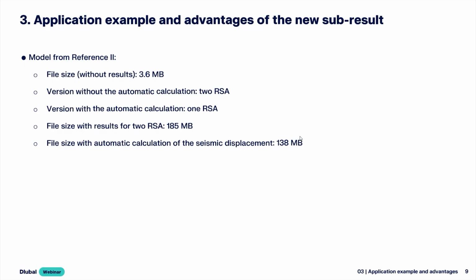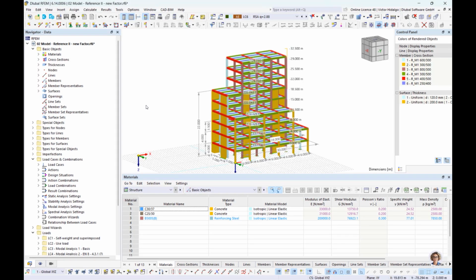When we talk about megabytes, it's not that relevant for the capabilities of computers nowadays, but of course, if we add to this the design of the material and a real example, we can really save space. Also the switching between results in the interface.